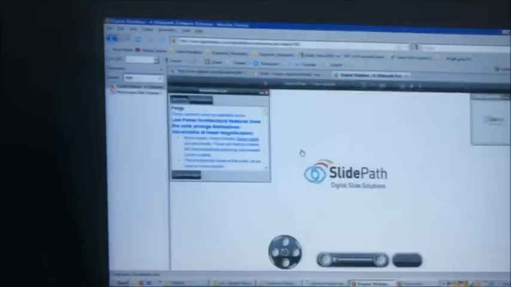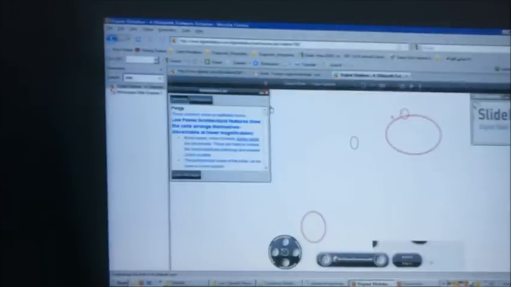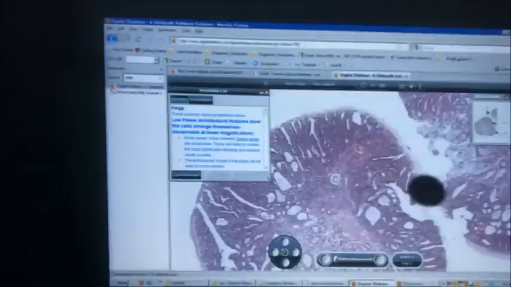So every part of the text that has clinical importance is connected with a hyperlink, and the hyperlink connects you to the digital slide. You can see that here. Okay, so have a look. This is a tubular adenoma.